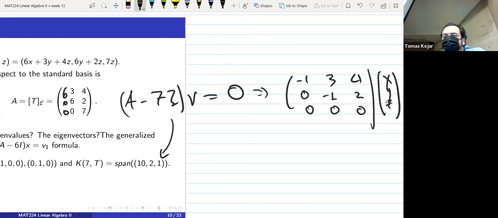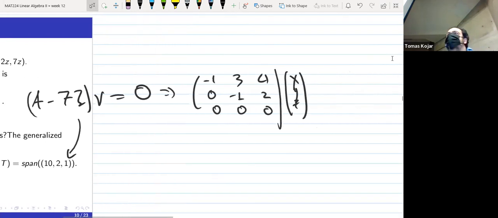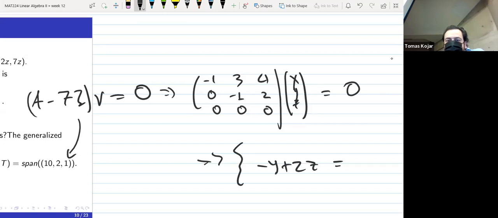X, Y, Z. Now this looks scary, but just work with the system. Whatever you like. Either you can do Gaussian row elimination, whatever you're more comfortable with. I would just write down the system, to be honest. But anyway, so you have minus y plus 2z equals 0, and then minus x plus 3y plus 4z equals 0.